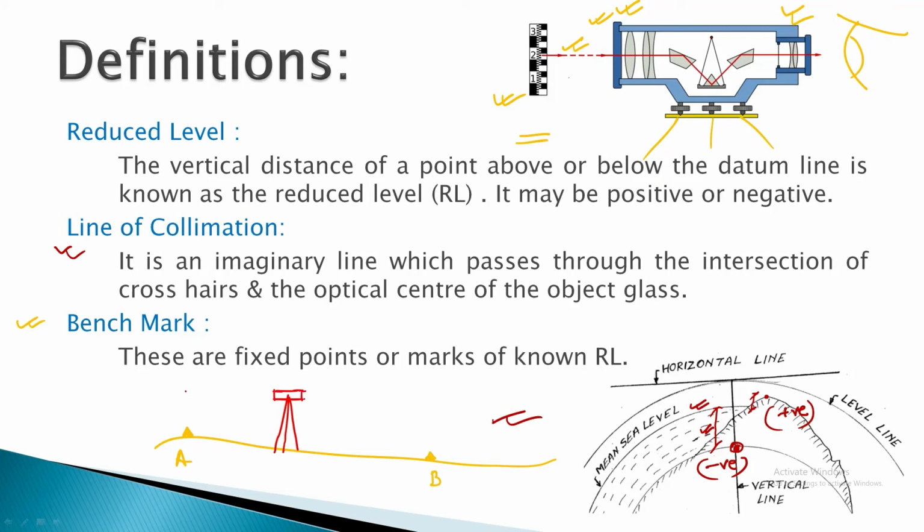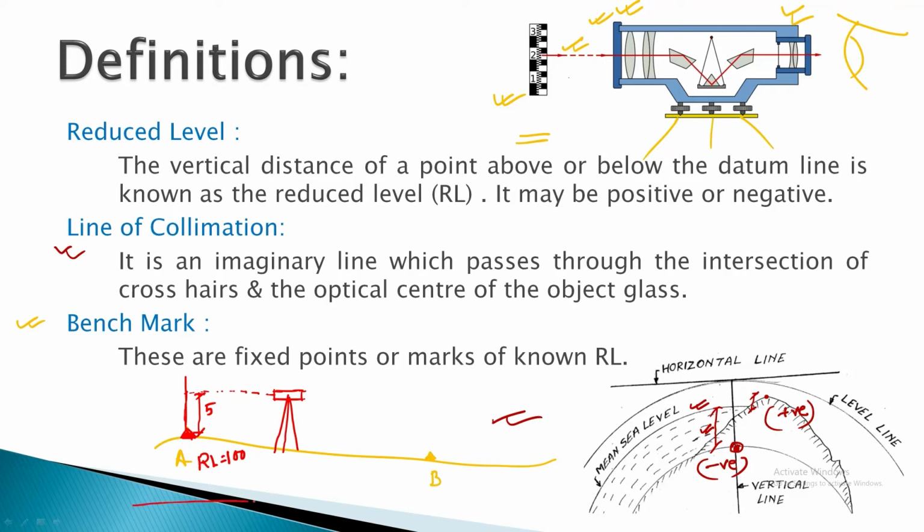Initially we need to take a staff reading at this point A, and we will get the height of the instrument. Suppose this is the initial first reading, and it is 5. This point A is the benchmark, so the RL value is already known. Suppose this is 100.